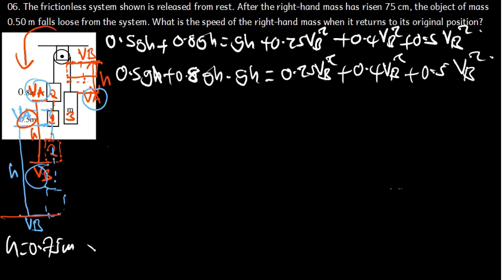Now I'm going to factor out vb squared on this side, so here I'm going to remain with the same 0.5 gh. Even here, I can factor out gh: gh open bracket 0.5 plus 0.8, then minus 1.